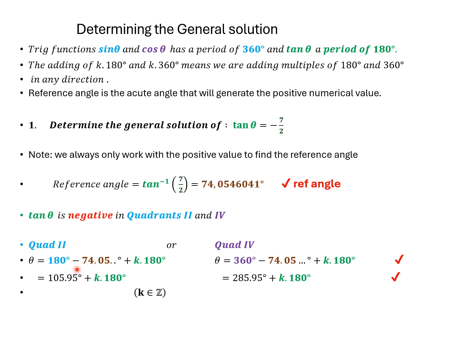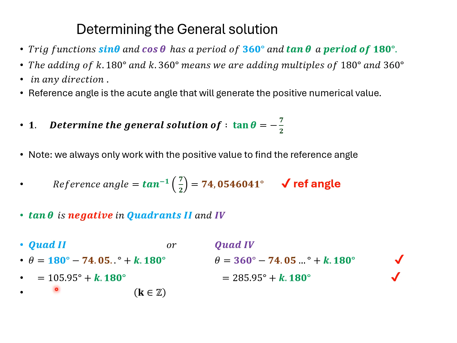So theta is given there, equal 180 minus 74,056041 plus k times 180, because I'm dealing with tan, or theta equal 360 minus 74,05 plus k times 180. Give you 1 mark for creating that 2 equations.